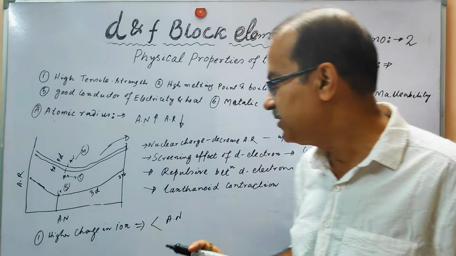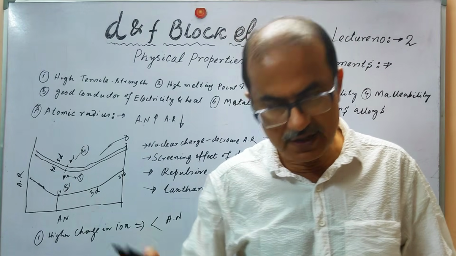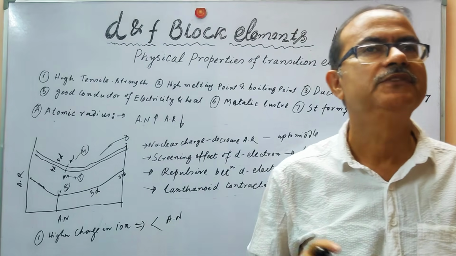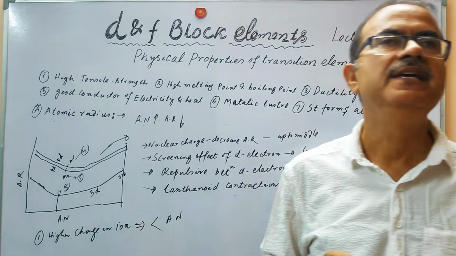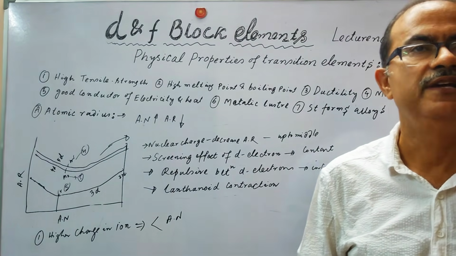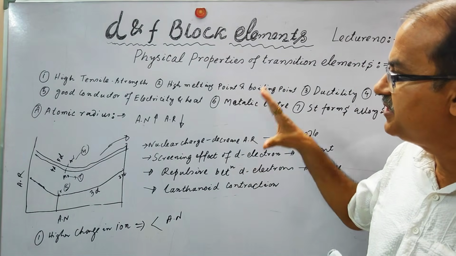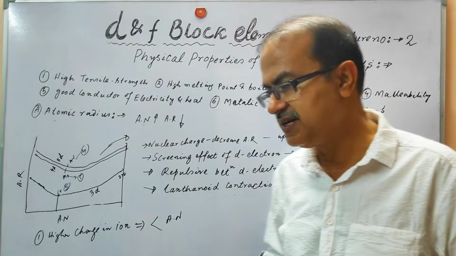For the ion also it will have the same effect. And as we go down the group, we will also find an increase of the radius for the ions also.